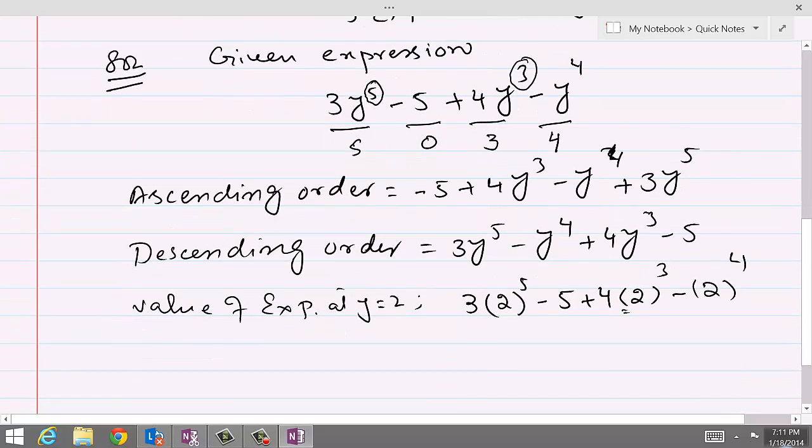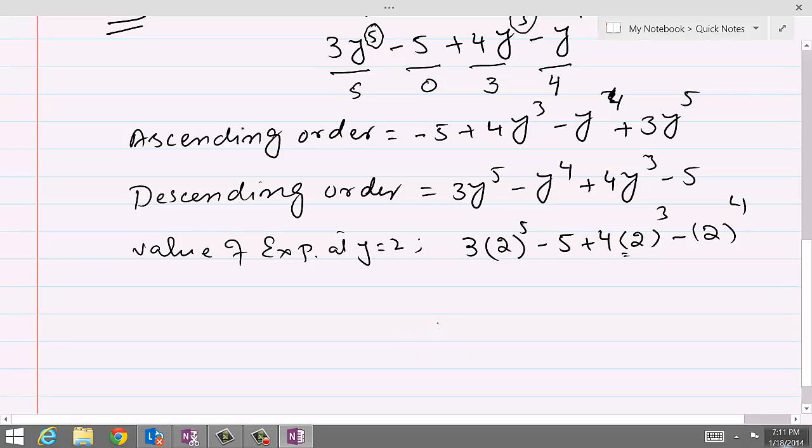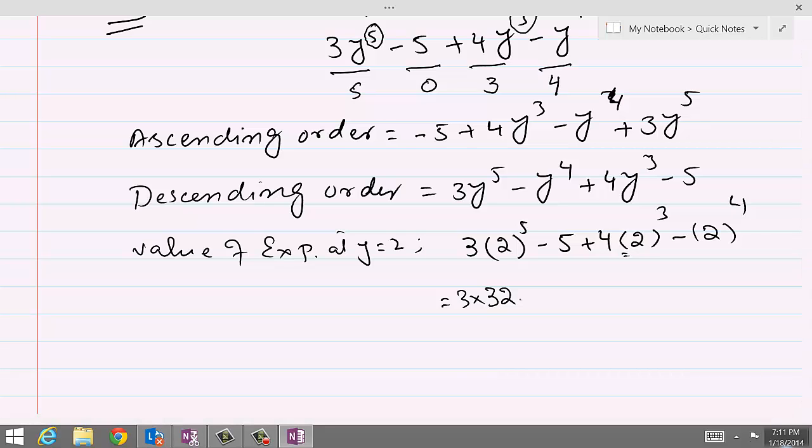If we want to calculate its value, 3 times 2 power 5 is equal to what? 2 power 5 is 32, because 2 times 2 times 2 times 2 times 2, 2 multiplying with itself 5 times, is equal to 32.